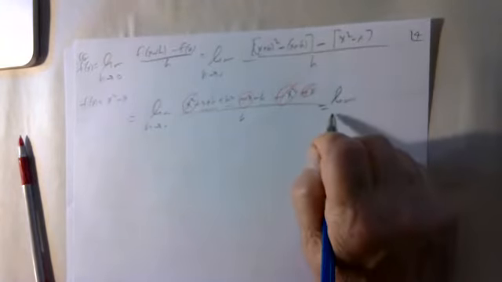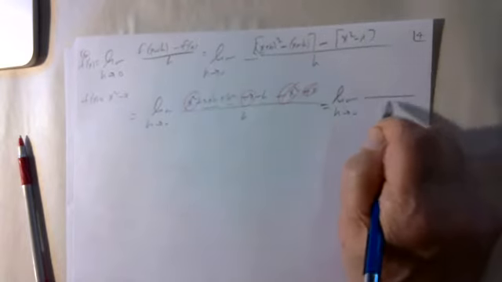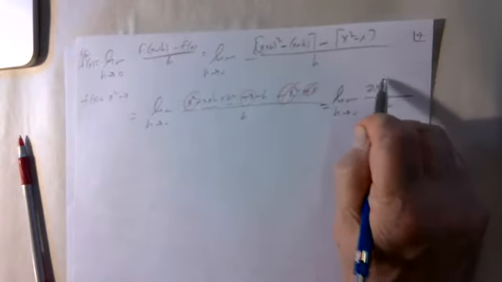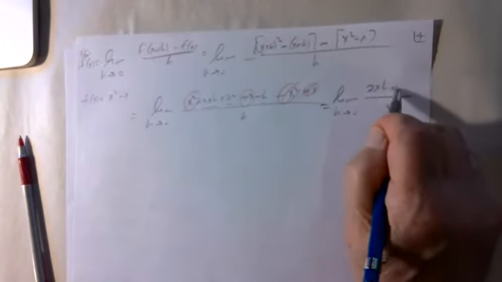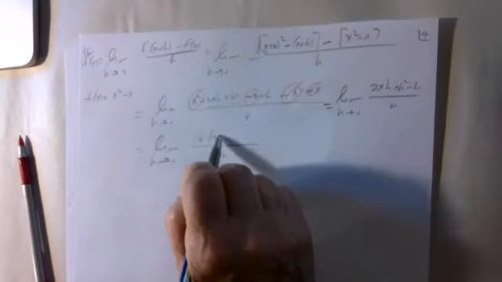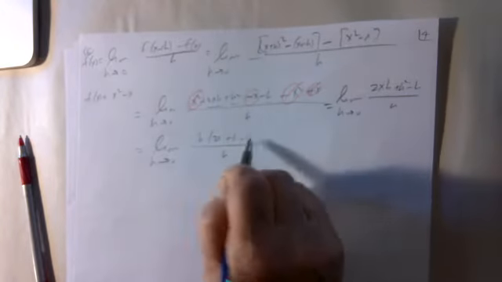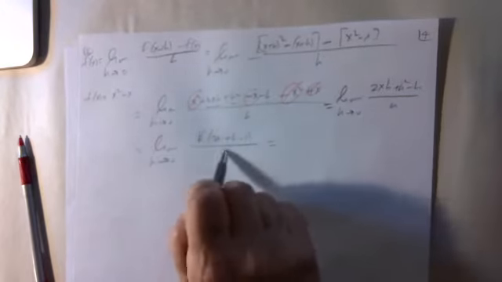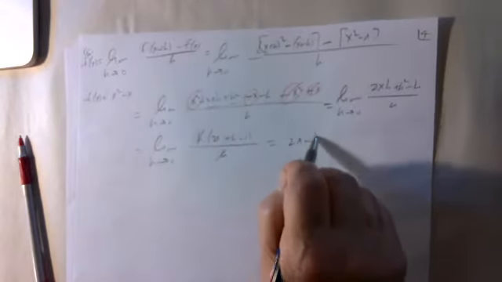So this is the limit as h goes to 0 over h of 2xh plus h squared minus h. If I factor an h out of that, I get 2x plus h minus 1. These cancel, and when h goes to 0, this is 2x minus 1.